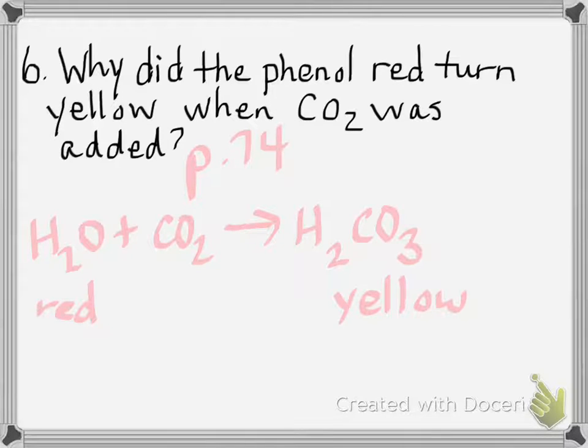So we said that if the water is red, that meant that there was very little CO2 in the water. But if the water was yellow, that meant that there was a lot of CO2 in the water. So the color of the water told us about the CO2 level. I think we wrote that down also on page 74. Is that true? Yes. Good.